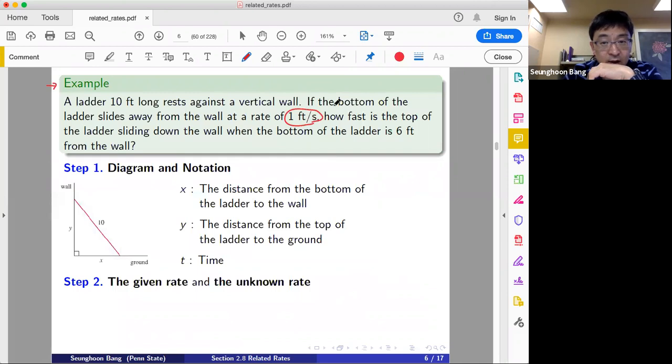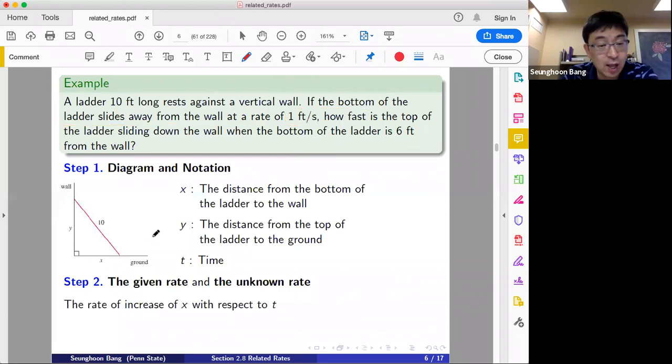What's that? The bottom of the ladder slides away from the wall. So here, this value changes. The derivative is the rate of change of x with respect to time t. The rate of increase of x with respect to time t, we can use the notation dx over dt equals 1 foot per second. What is the unknown rate? The question: how fast is the top of the ladder sliding down the wall?